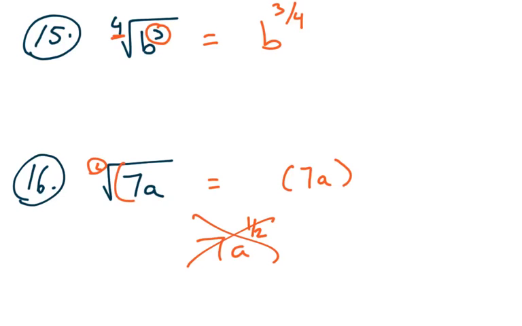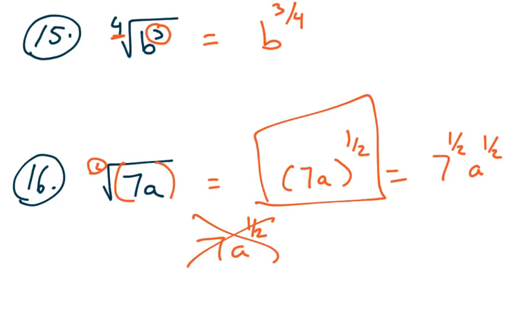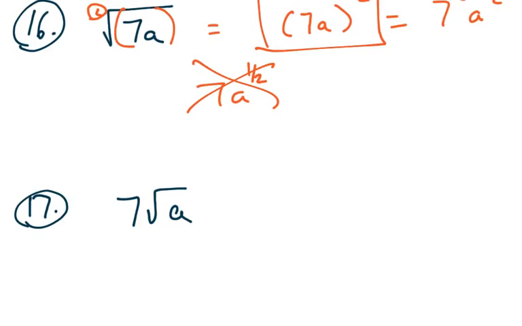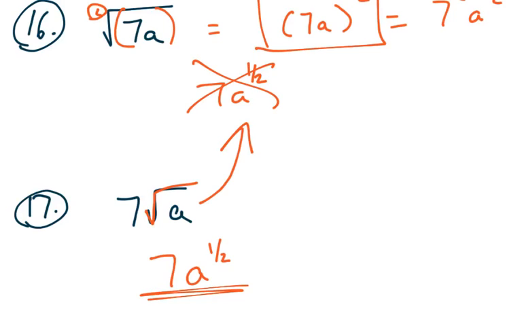This is a quantity because they're both being affected by it. If you technically wanted to write this, this would be correct as well, but this is what everyone's fishing for. So here we have, I'll rewrite it, but because only a is being taken as the square root, this is going to be our answer.